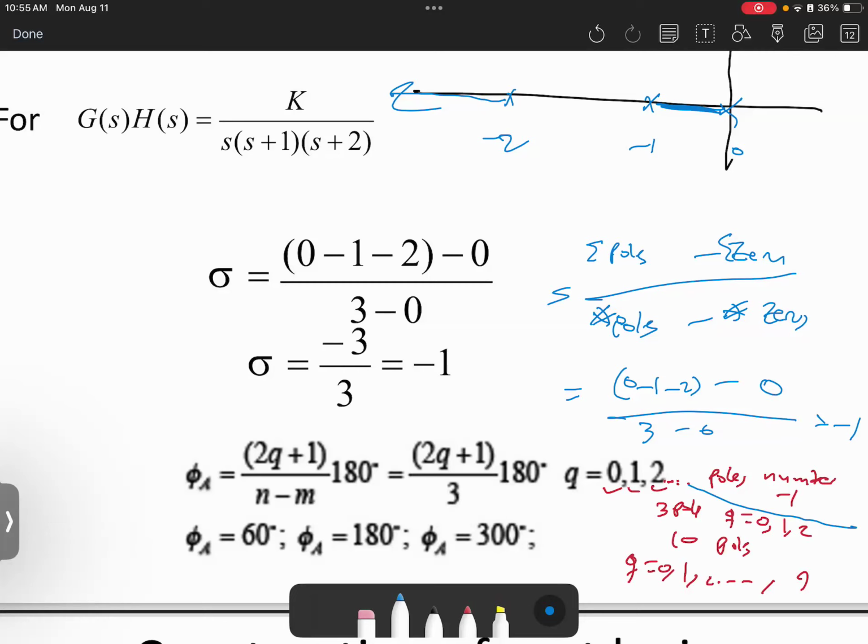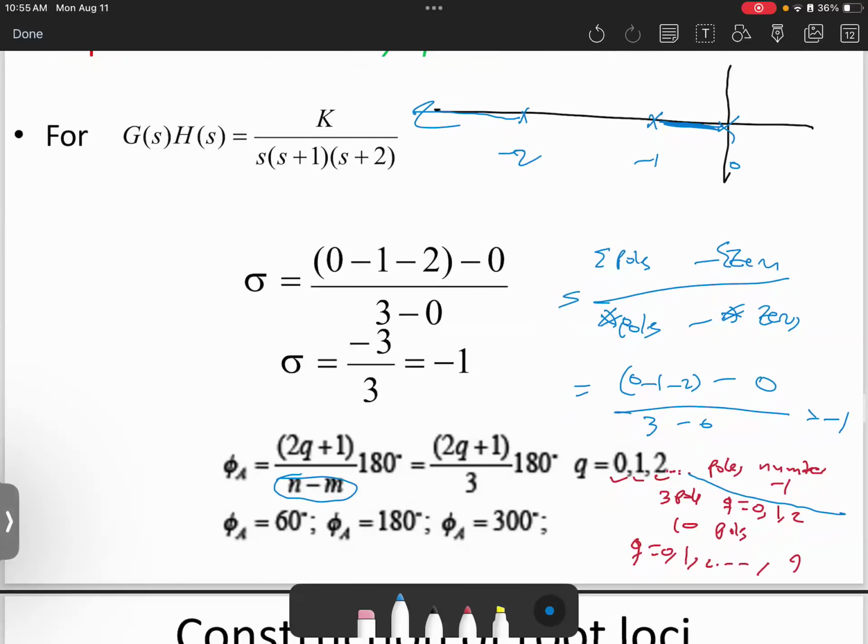So basically, (2q plus 1) divided by (n minus m), which is number of poles minus number of zeros. So it will be (2q plus 1) divided by 3 minus 0. Now, let's substitute q as 0. This yields to be 1, and don't forget, times 180. 1 over 3 times 180, which will be 60 degrees. Then q equal 1.